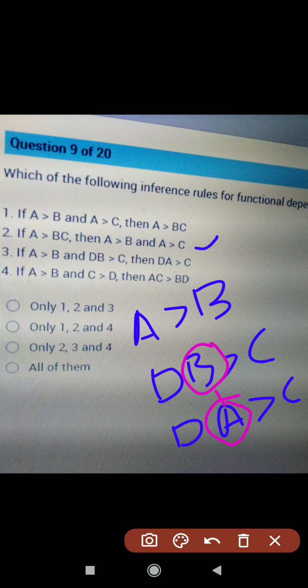Obviously it is going to increase because, see here, if A is 4 and B is 2, 4 is greater than 2, and let us say D is equal to 3, assume.